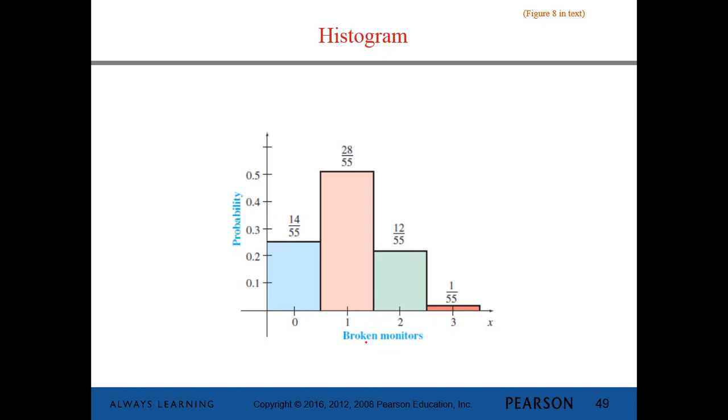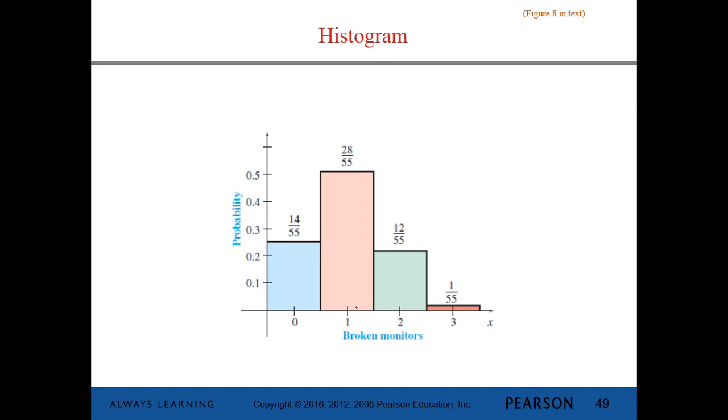So here's the broken monitors. This is an example of a histogram, and you would also have a title here so that your audience knows what this represents. Then you'd have broken monitors as your x-axis, and probability as your y-axis.